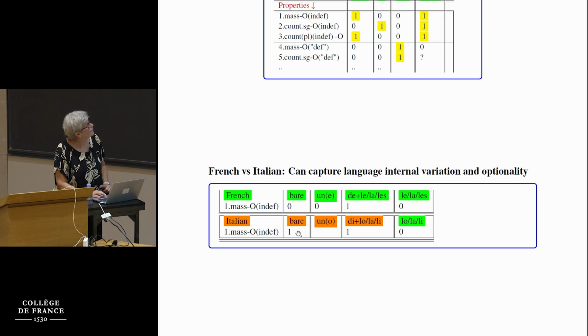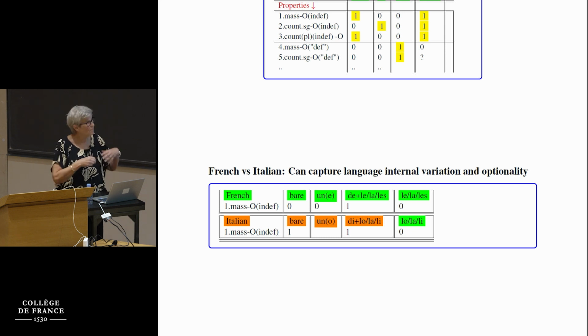So, in French, indefinite mass noun cannot be bare, but in Italian, they can. Or they can have de plus article, right? So both of these are possible. So here you see that in French, you need to have du only, and it cannot be bare. But you see that there is optionality, or, you know, both of these forms are possible.